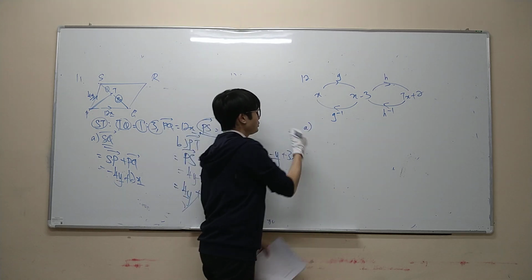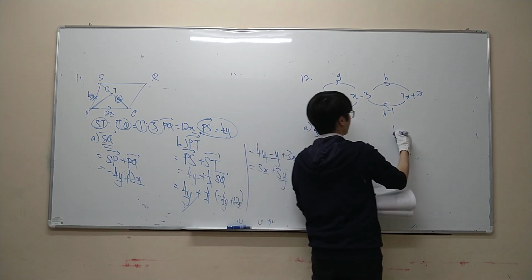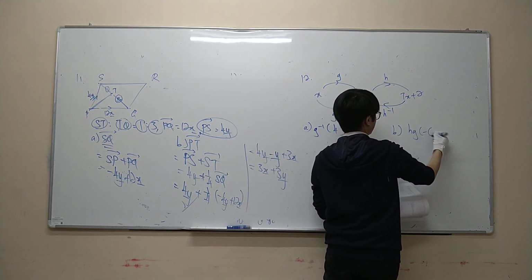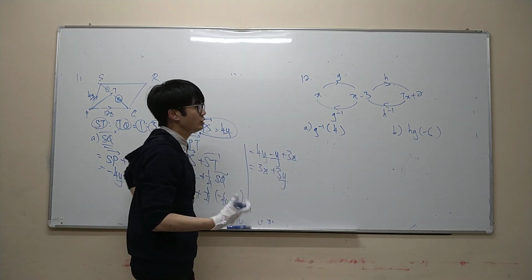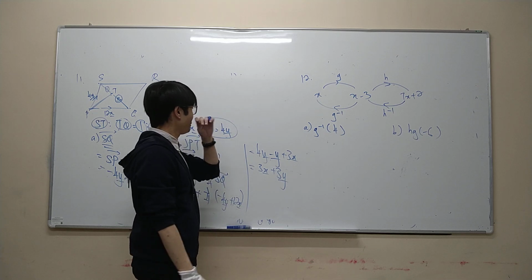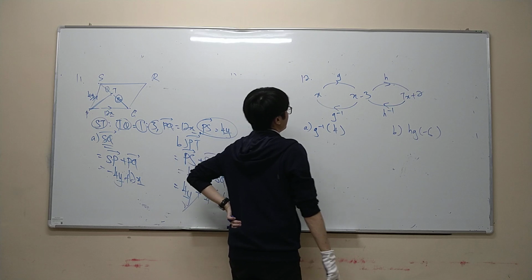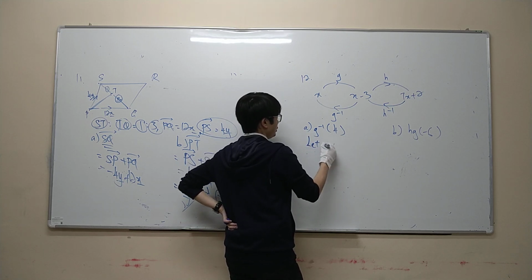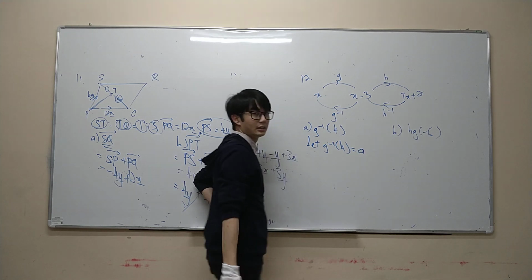Okay, A what they want you to find? G inverse 4. And B what they want you to find? H g negative 6. Okay, first of all, you need to know what is G inverse x first. So, what I can do here is I can let G inverse 4 equals to A. Alright?